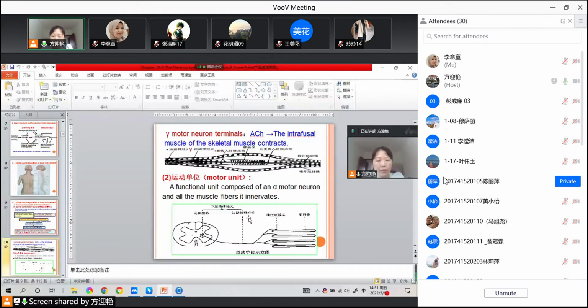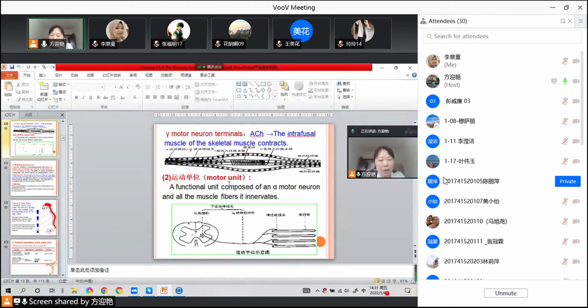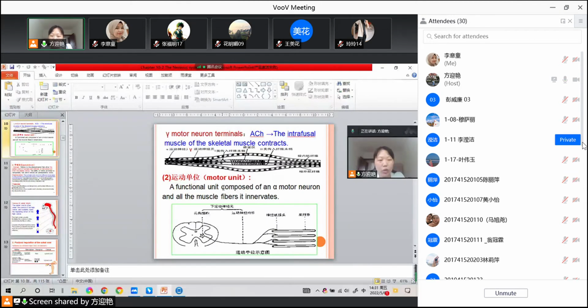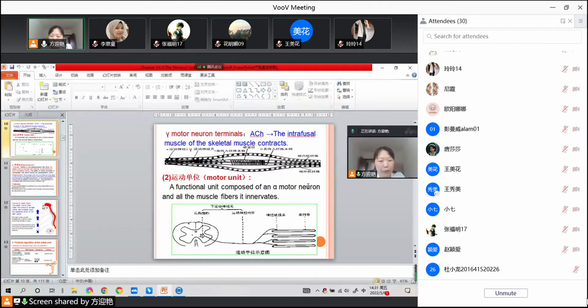Here we also talk about another concept, the motor unit (运动单位). A motor unit means the alpha motor neuron and all the muscle fibers it controls; together we call them the motor unit. Motor units in our body can be small or large.